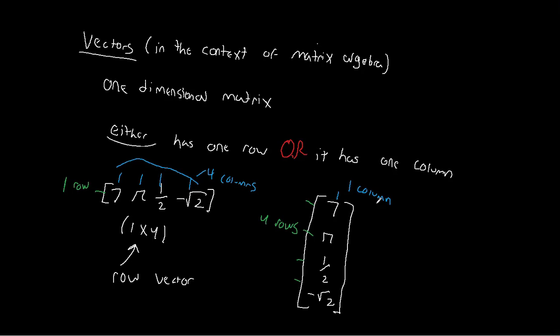Right, so this would be a 4 by 1, right? 4 rows, 1 column. Right, we call this a column vector.